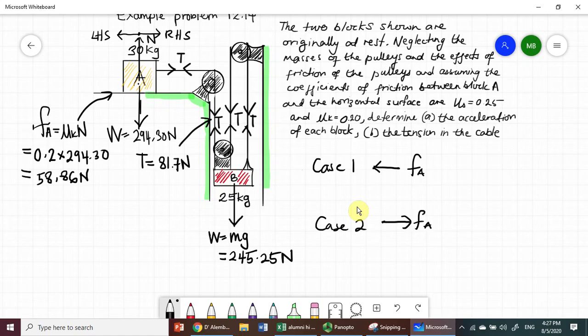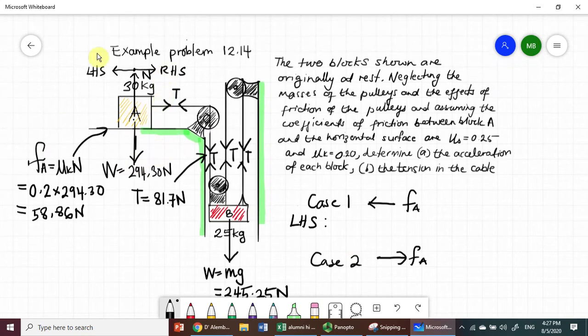When our friction is acting to the left hand side, we need to consider all the forces involved on the left hand side. So if you look at the left hand side, what are the forces involved?